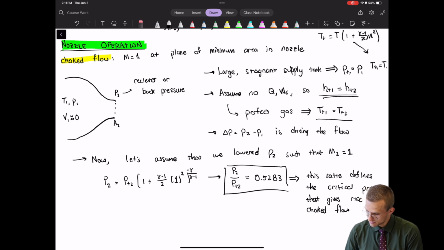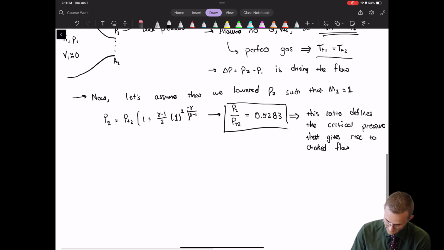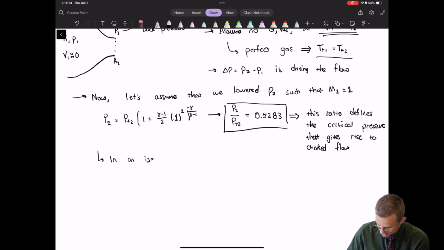Okay, so one thing to note is that in an isentropic nozzle, just a nozzle that is lossless, we know that PT2 is equal to PT1.